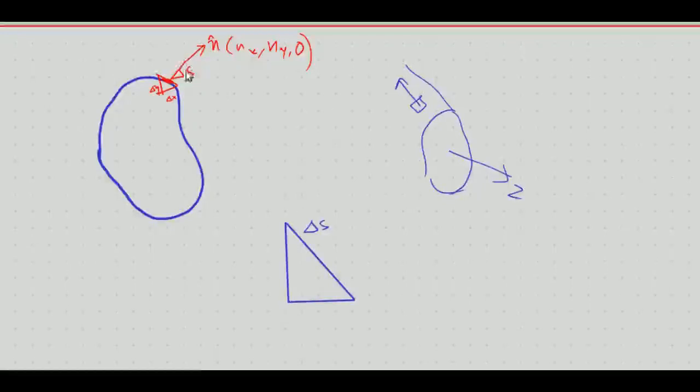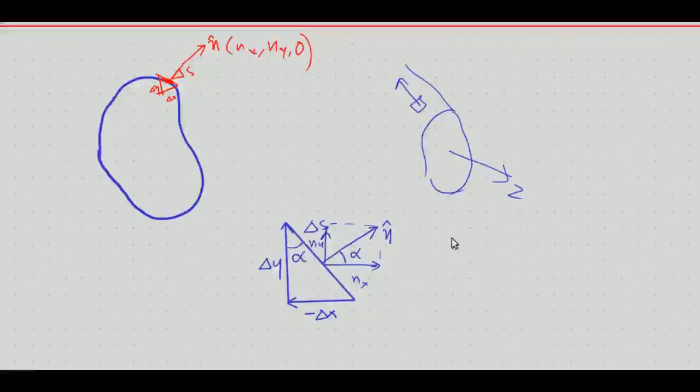If delta s is increasing from this point to this point, it will be directed like this. So delta x is negative and delta y is positive. The normal n is like this and it is a unit normal, so its x and y components are its direction cosines, nx and ny. If this angle is alpha, from trigonometry this also should be alpha.